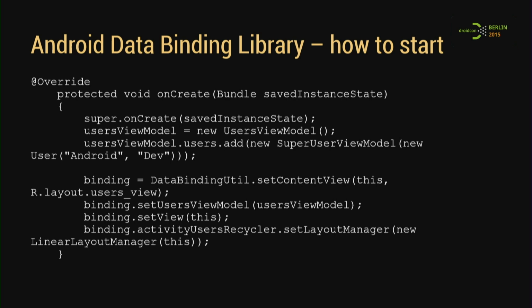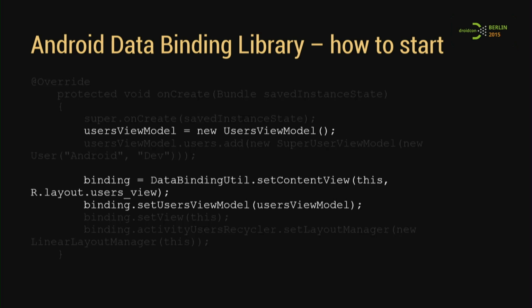Okay. And what about our activity? The most important parts are here. So first, we need to create our view model. Then we need to bind this view model to our view. So we are using data binding util set content view method, which is from data binding library. And then we should, of course, set our view model to the view.